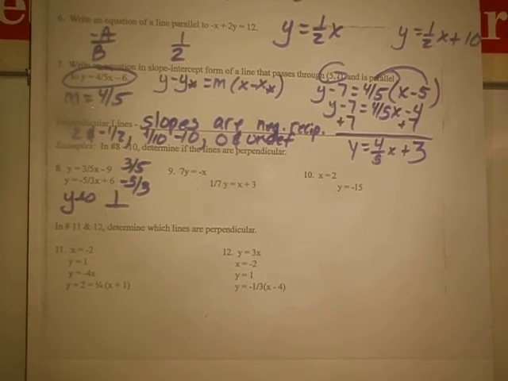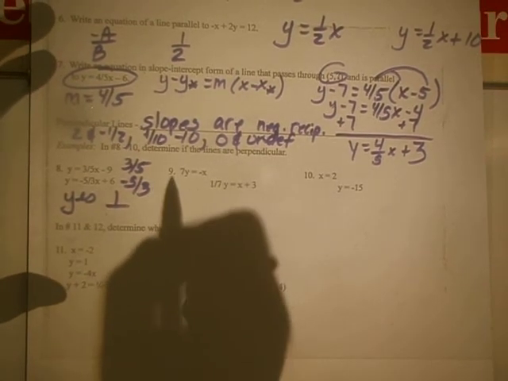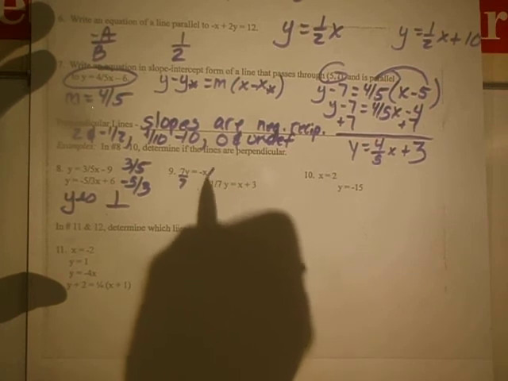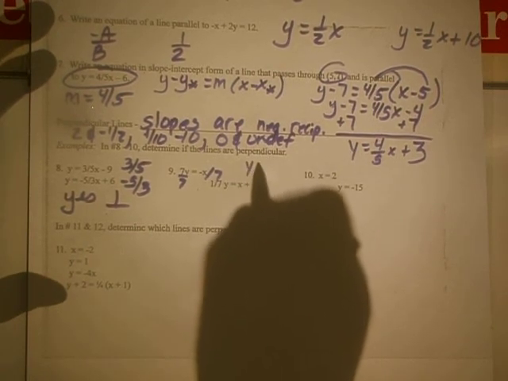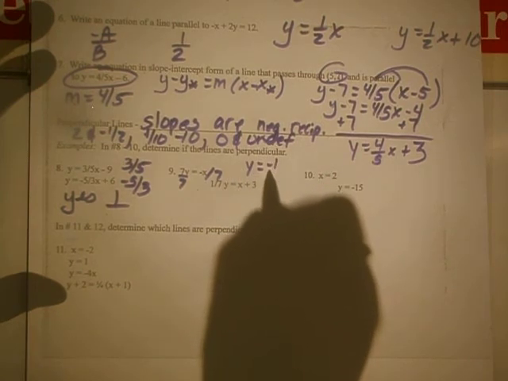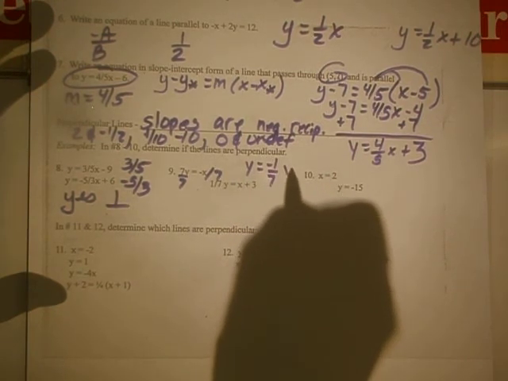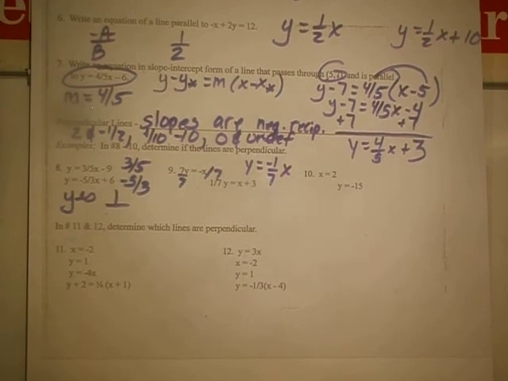Number 9, neither of these are in slope-intercept form. So for the first one, I'm going to divide both of these by 7. And if we do that, we have y equals negative 1/7 x. Negative x divided by 7, I change to negative 1/7 x.